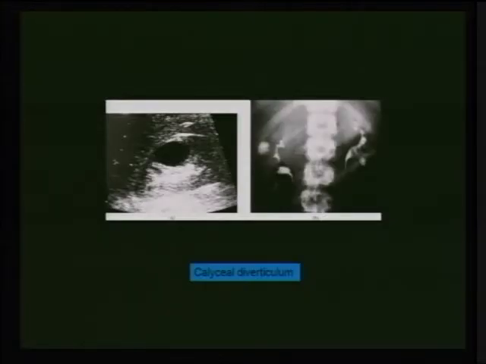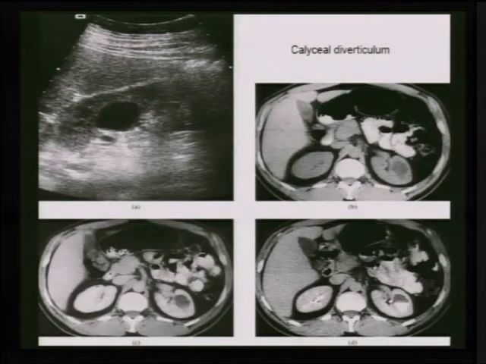Those calyceal diverticula, if you did IVU in the past, can be filled with the contrast like the calyces. But today, if you have a CT scan and you are worried that this could be not a simple cyst or could be calyceal diverticulum, delayed images will show that the contrast has gone into this calyceal diverticulum.